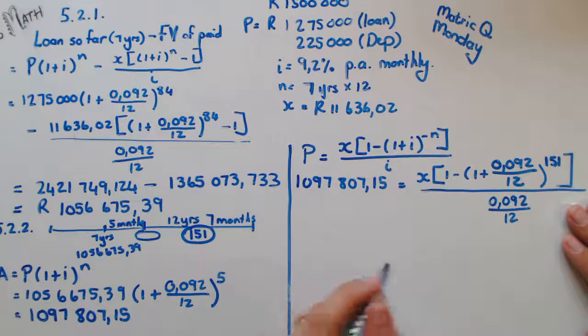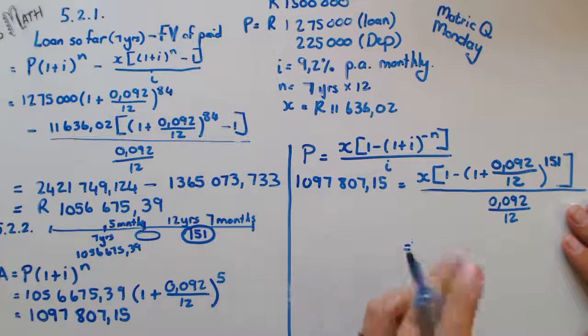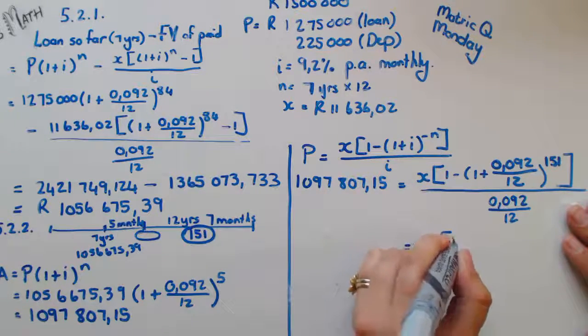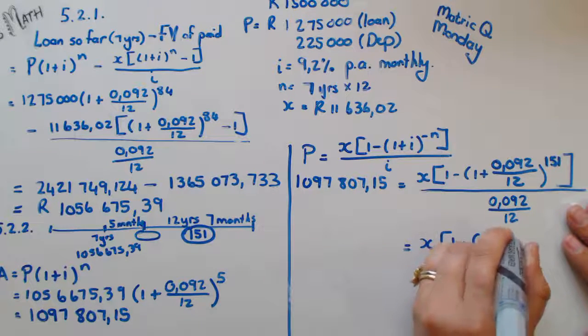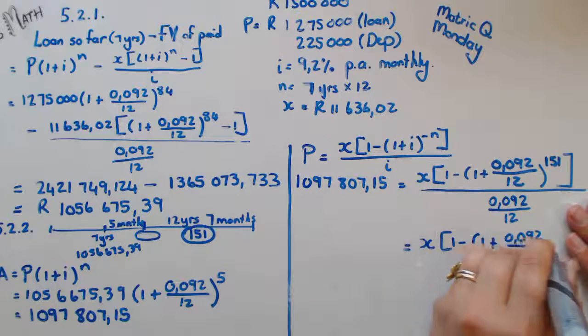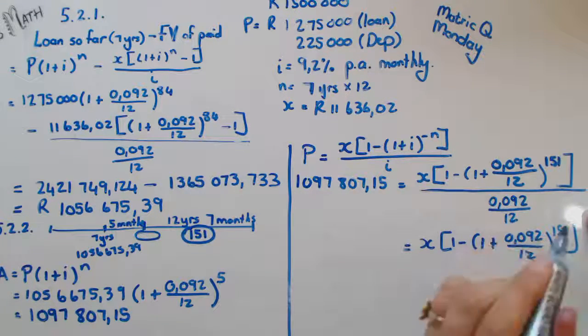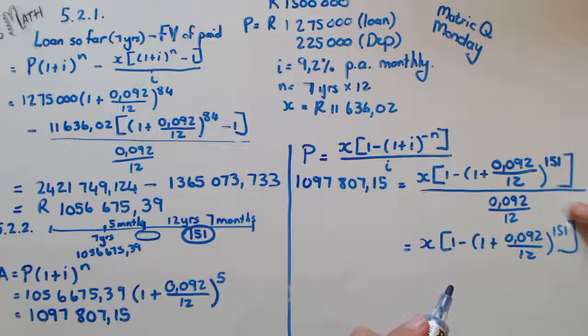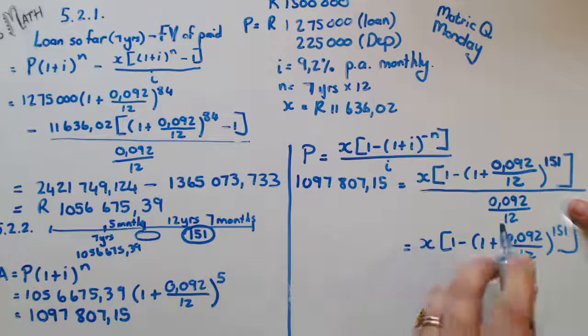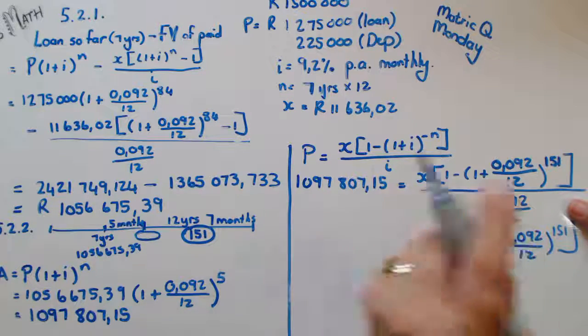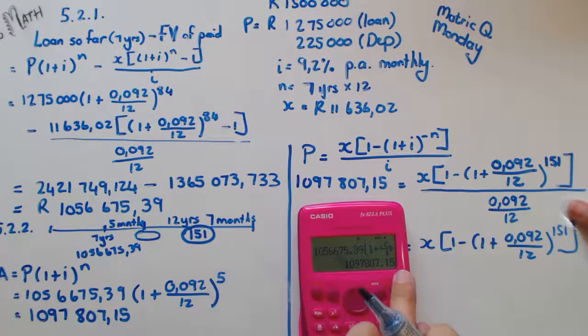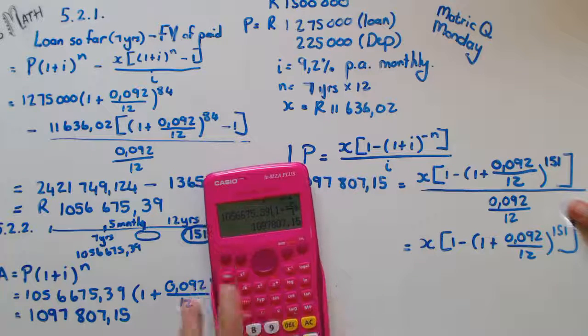Okay, now to calculate the x, like we did in question 5.1, I'm just going to use 151. Just trying to not let this light shine in your eyes there. Okay, so I'm going to first just multiply with this on that side. I have this on my calculator already. So I'm just going to press multiply by 0.092 over 12.